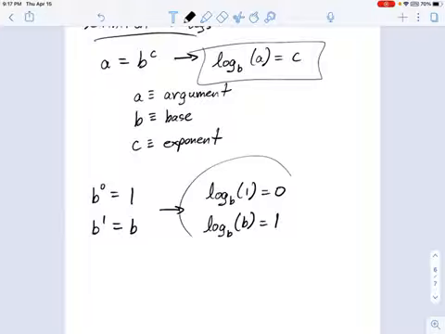If you look at these equations and think of them backwards, going back to exponentials, we would say b to the 1 equals b, or b to the 0 equals 1. Okay, that's the way these work. So these rules are sometimes referred to as the 1 and 0 rules, but it's not really important to remember the name as long as you remember what they are.